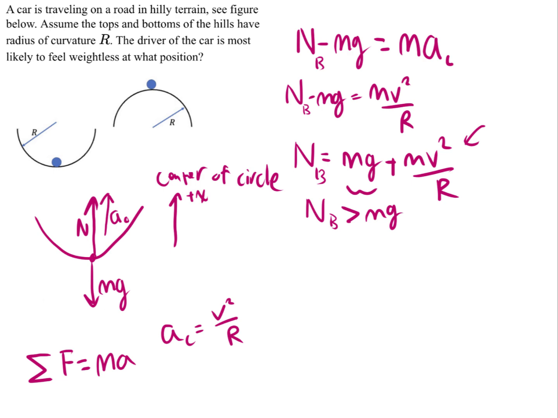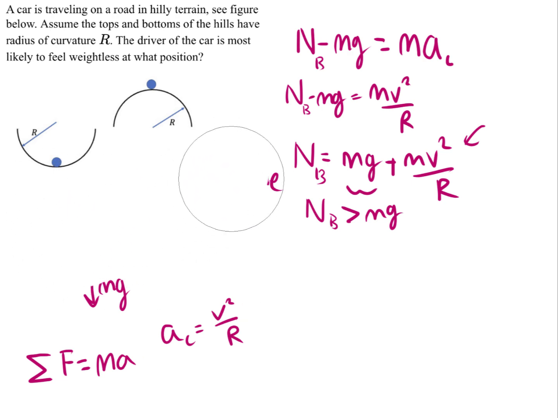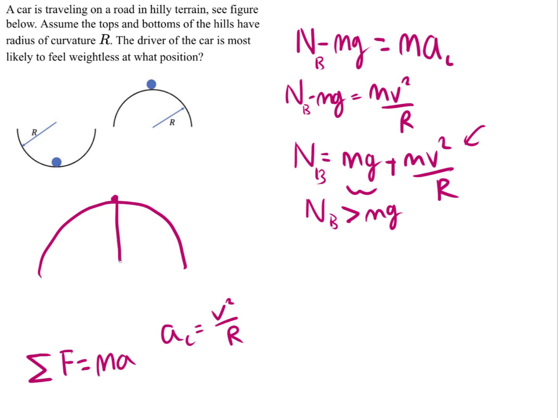And now let's draw a free body diagram for the top of a hill. So we're going to have a semicircle like this, and here's our car. Down, towards the center of the circle, we have mg, and up we have the normal force.